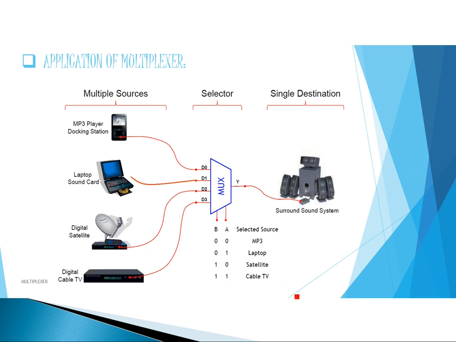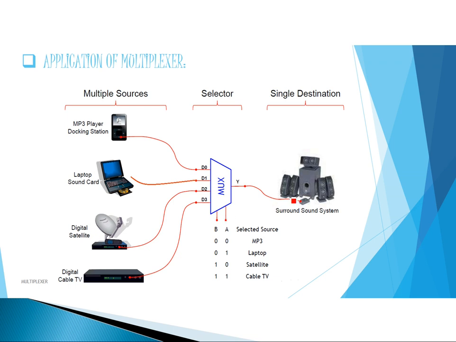Let's consider this application. I have 4 multiple sources for the sound system. I can access any one of these sources for my sound system. So to select that particular source, here I am using the multiplexer.